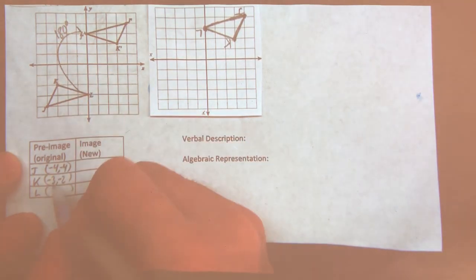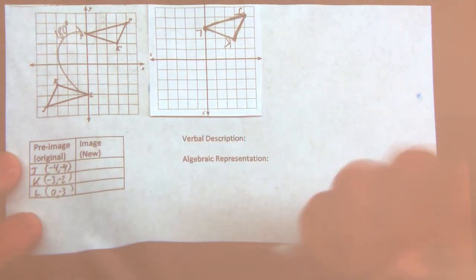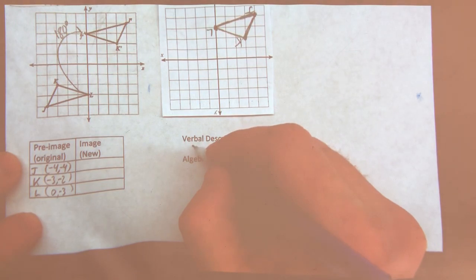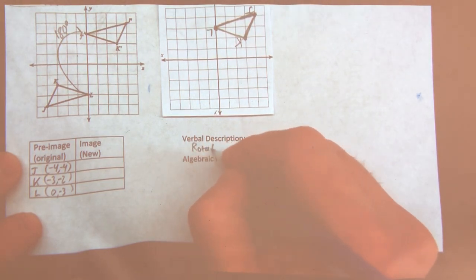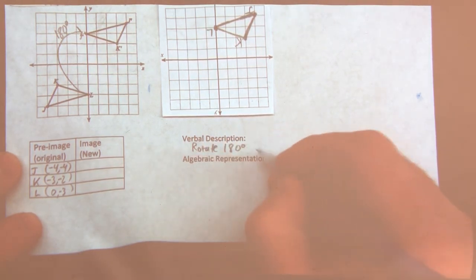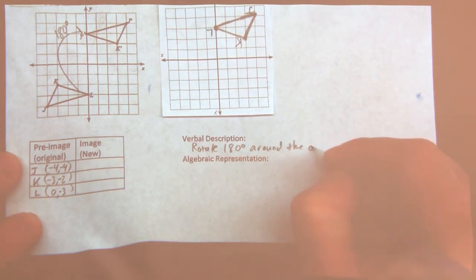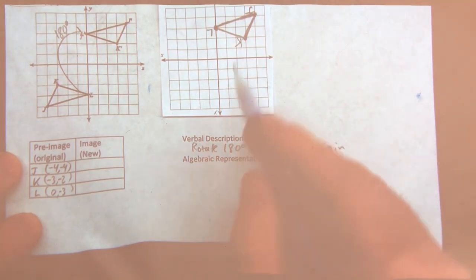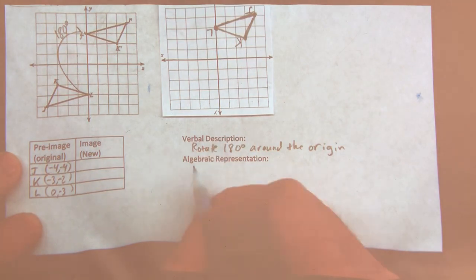And L is 0, -3. The move we're doing is rotate 180 degrees around the origin. And we don't have to say clockwise or counterclockwise, because it doesn't make any difference. There's no way to really tell.